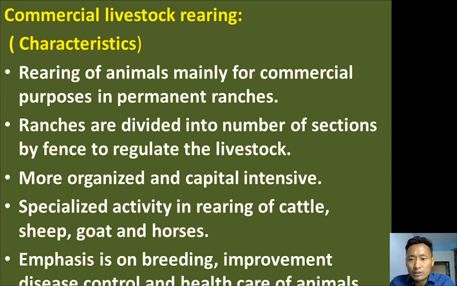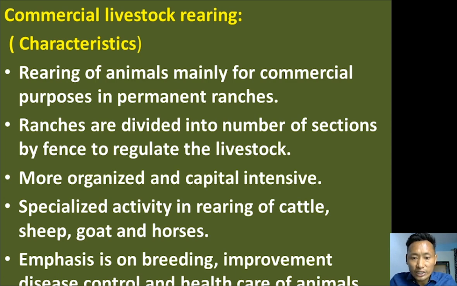Some people are rearing and grazing cattle for commercial purposes, some are rearing and grazing sheep, and some are rearing and grazing goats and horses for commercial purposes. Here they emphasize more on breeding.